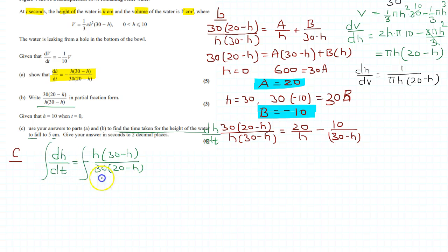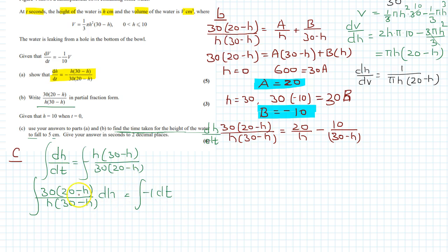We integrate both sides, so we have 30(20 minus h) over h(30 minus h), integral dh is equal to integral minus 1 dt.